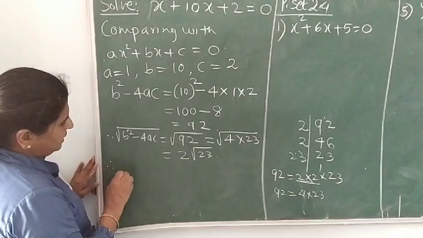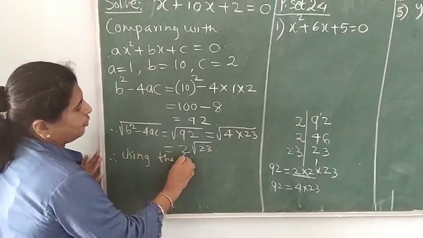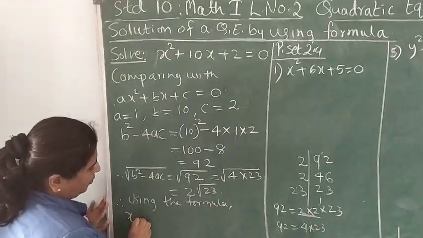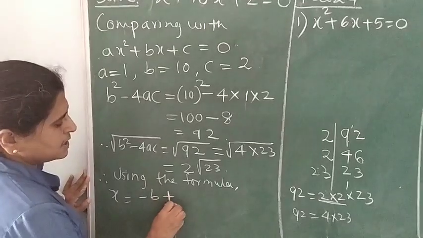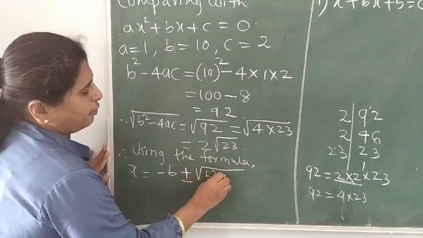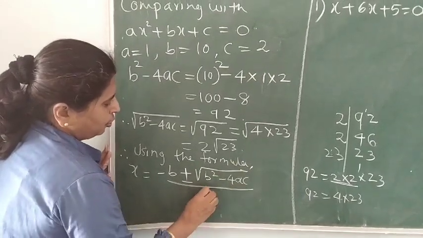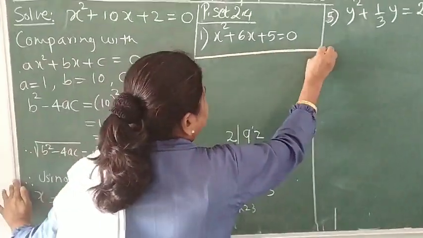Using the formula, x is equal to minus b plus or minus under square root b square minus 4ac, upon 2a. I'll copy this here.